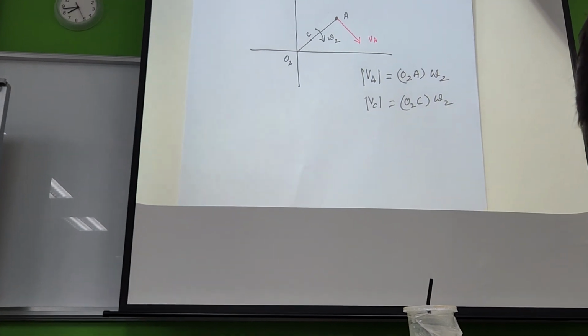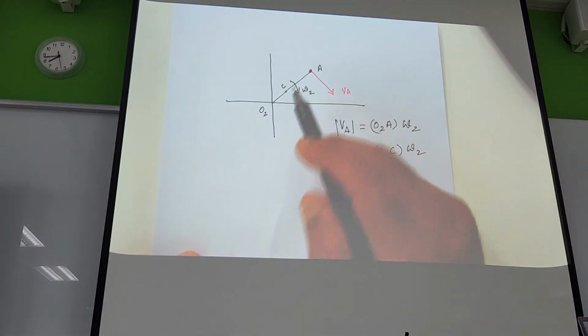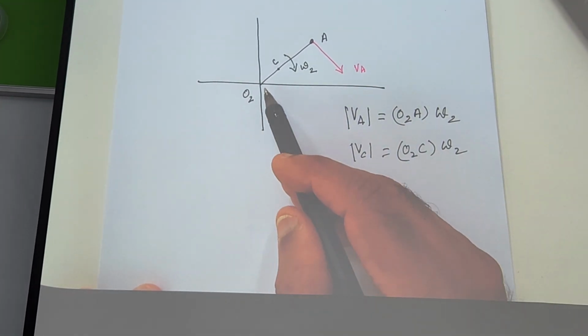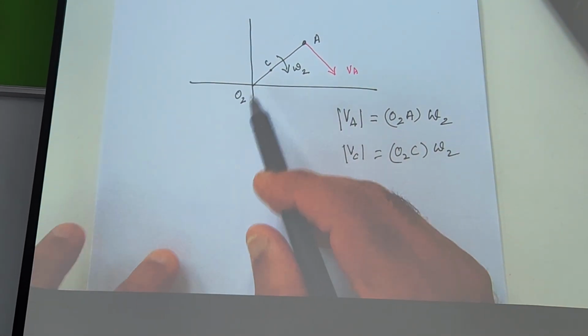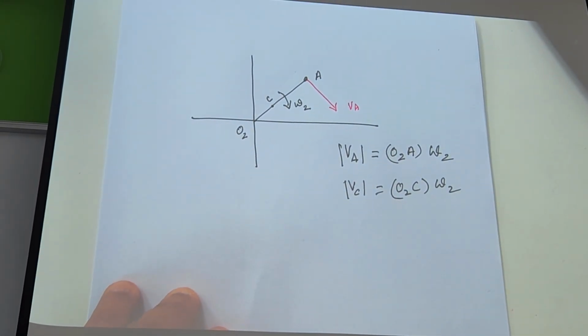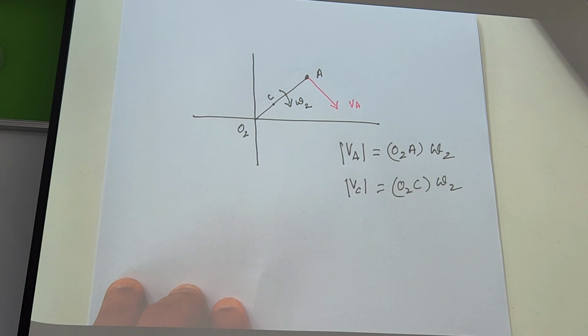Okay, so for any point on the link, the instantaneous center is moving. Therefore, you will be able to link the angular variables with the linear variables.